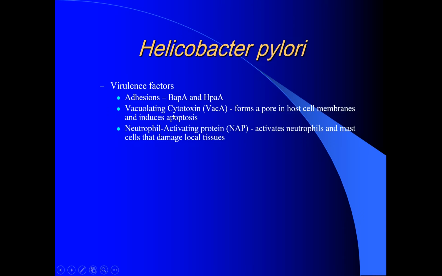Also contain الVAC A اللي نسميه vacuolating cytotoxin. طبعا this cytotoxin induce apoptosis of the epithelial cell. الأذر virulence factor نسميه NAP اللي هو neutrophil activating protein. This activates a neutrophil and mast cell that damage the local tissue. وراح نشوف شنو تأثير هذه الفاكتورز اللي راح تؤدينا إلى الجاستريك ألسر والأدينوكارسينوما.